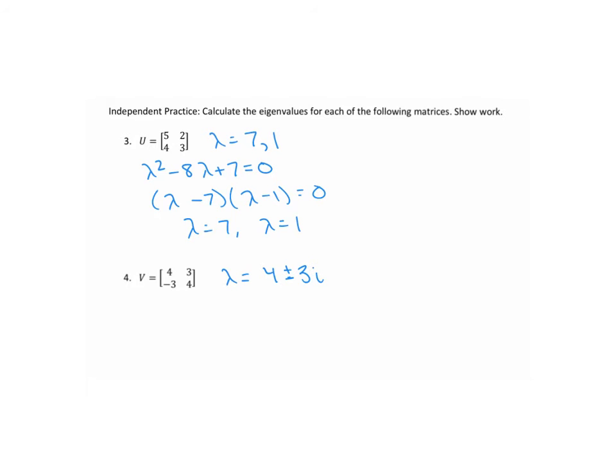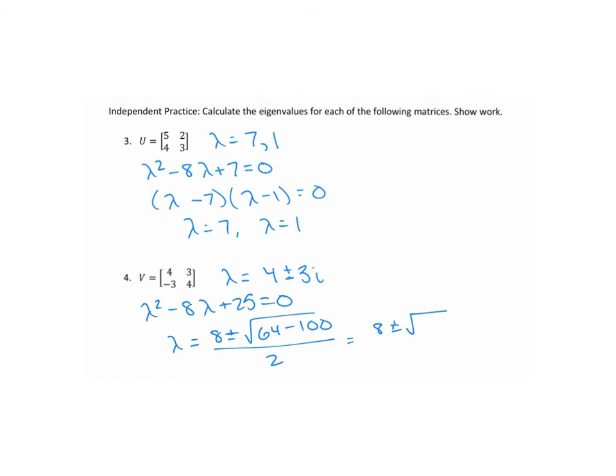With this, I had the characteristic equation lambda squared minus 8 lambda plus 25 equals 0, which I used the quadratic formula for, giving me lambda equals 8 plus or minus the square root of 64 minus 100 all over 2, which simplifies to 8 plus or minus the square root of negative 36.